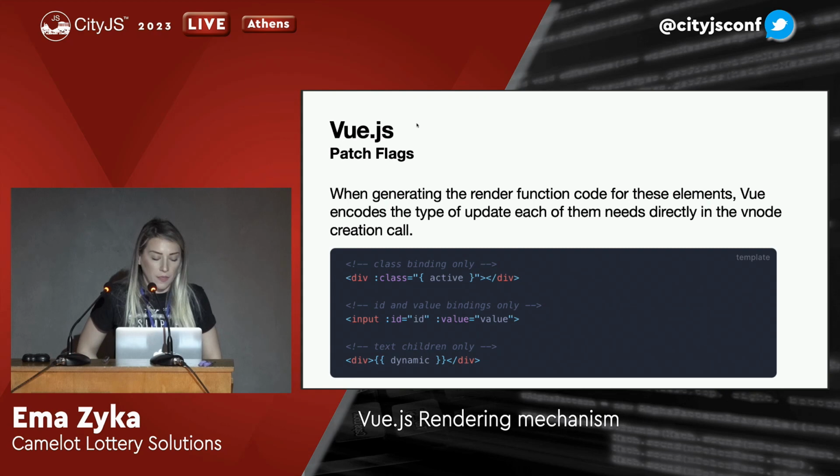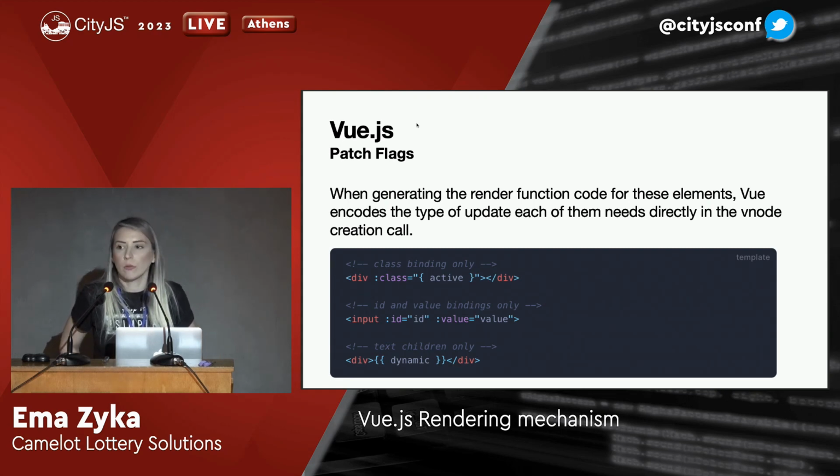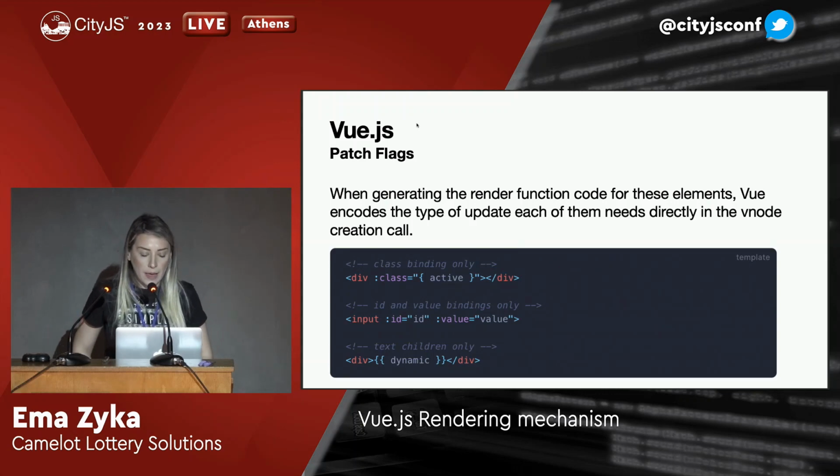One more interesting thing is the patch flags. Of course, I guess many frameworks do that. In this example, we can see that there are classes bound, some attributes, even some text interpolations.